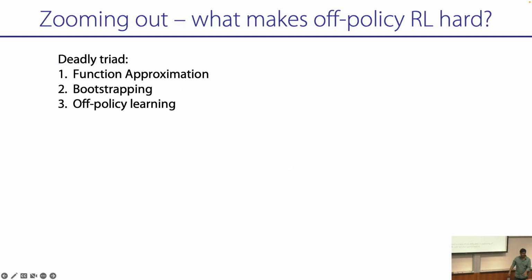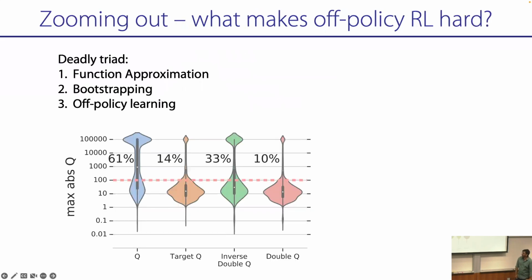And some examples here, for instance, there's a nice paper from some folks at DeepMind where they try to study divergence empirically. So they took a bunch of Q-learning runs with all the tricks we talked about, ran it, and 61% of their runs diverged, which is a crazy number, right? Like the Q function is getting to 100,000 for something that should be between -100 and 100.